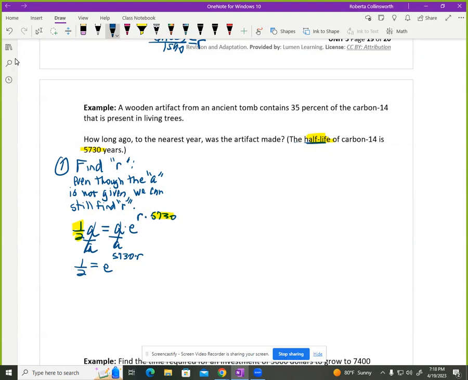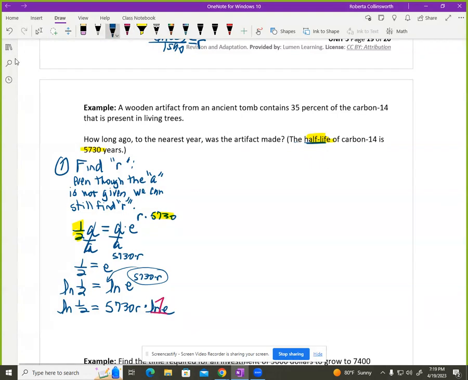It doesn't matter. But I'm going to take the natural log of both sides. I'm going to move this around here. And again, ln of E is 1.